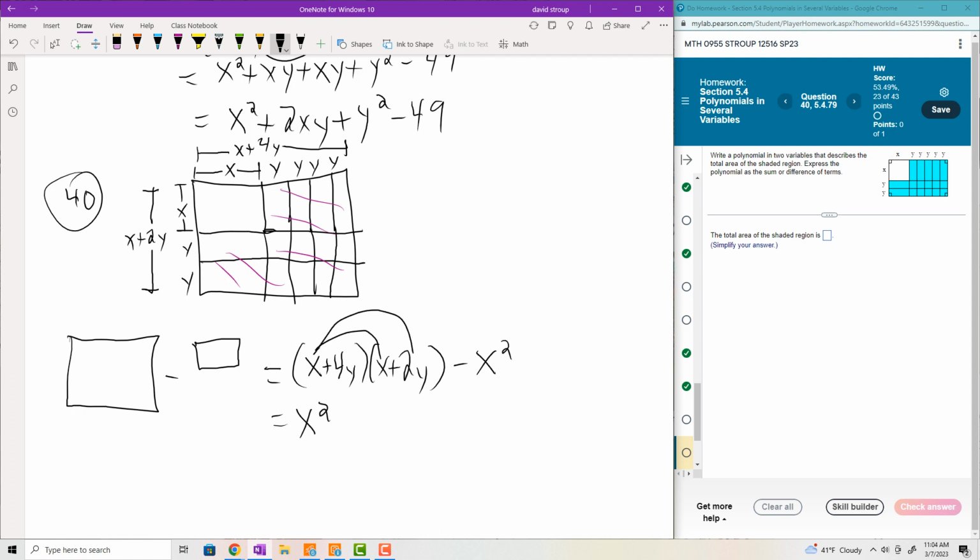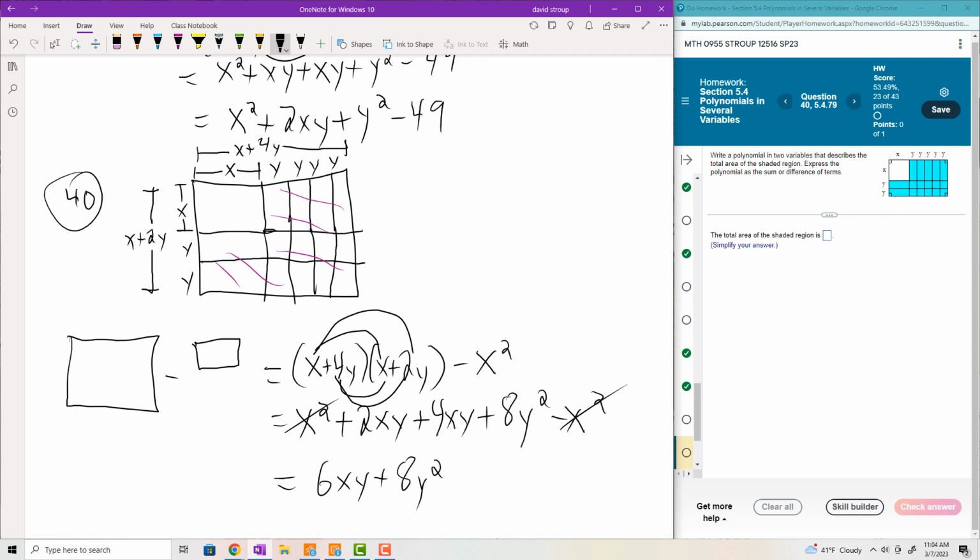X times 2y is plus 2xy, and then 4y times x is plus 4xy, and then 4y times 2y is plus 8y squared, and then minus the x squared. The x squareds will cancel, and it looks like you get 2xy plus 4xy is 6xy plus 8y squared. And let's see if that works.